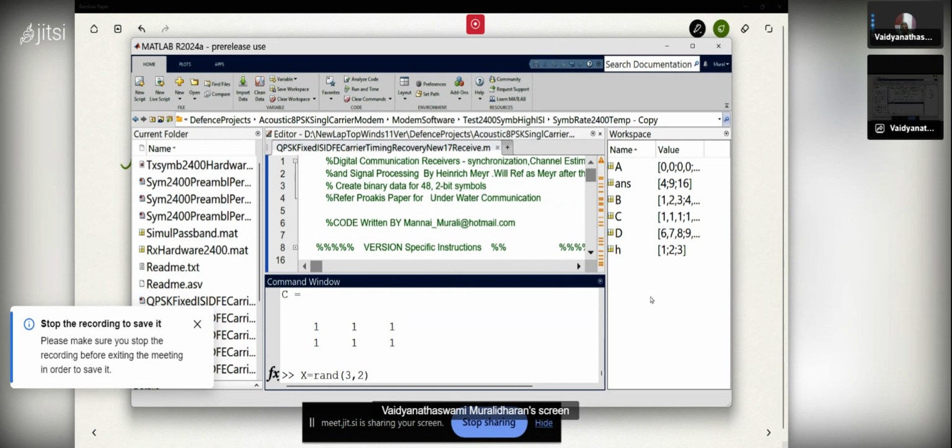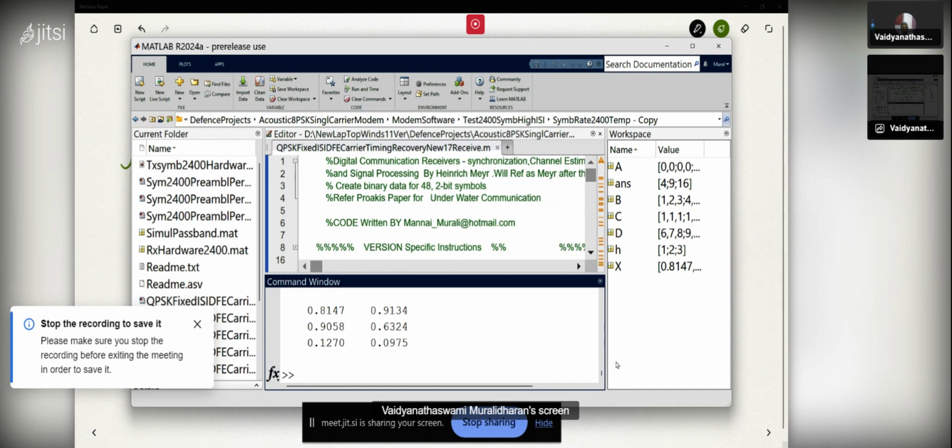This random matrix x is initialized as a 3 by 2 matrix actually. All the elements are between 0 and 1. Let us see what is x. Rand 3 comma 2 is a 3 by 2 matrix initialized with uniformly spaced random numbers between 0 and 1.